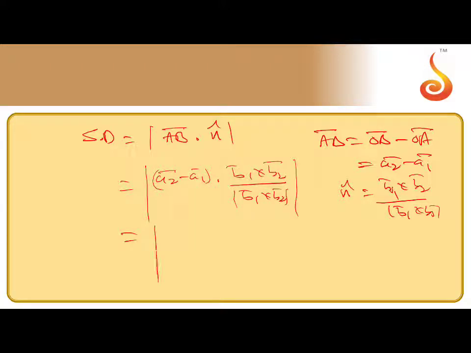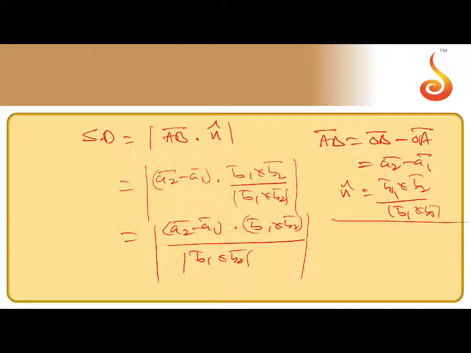You can write this as A2 bar minus A1 dot b1 cross b2 by modulus of b1 cross b2. You can leave it like this, or you can interchange. This is also equivalent to the shortest distance between two skew lines only.